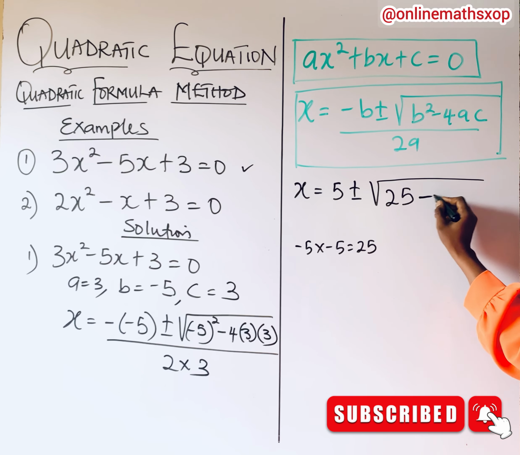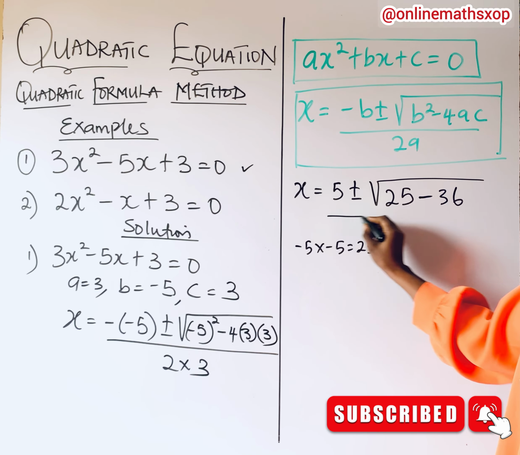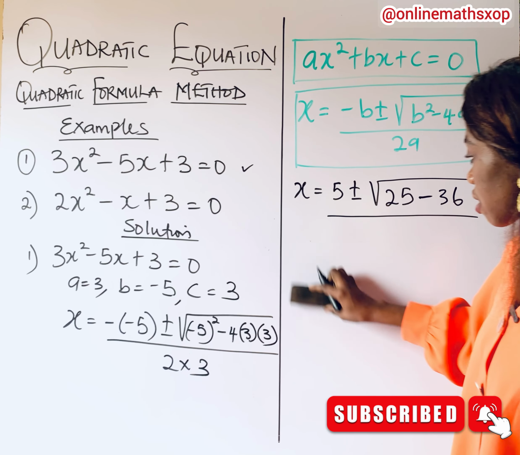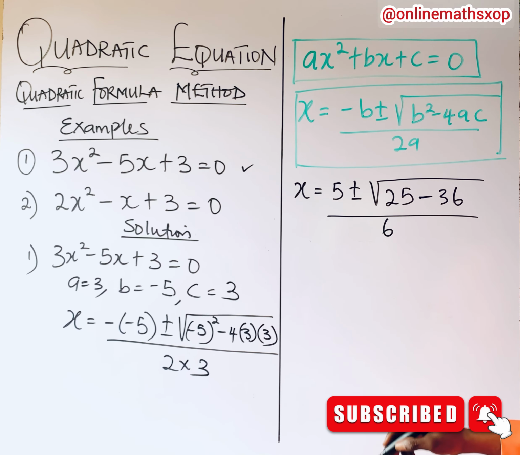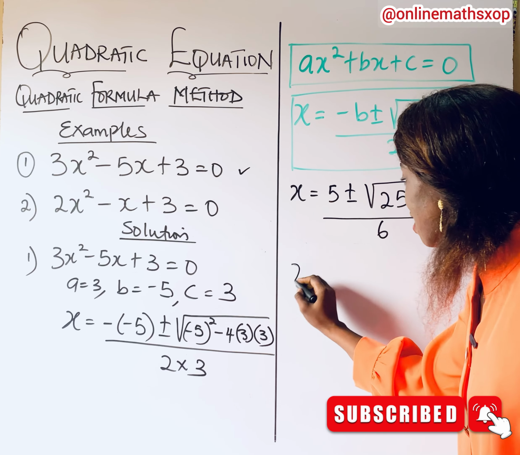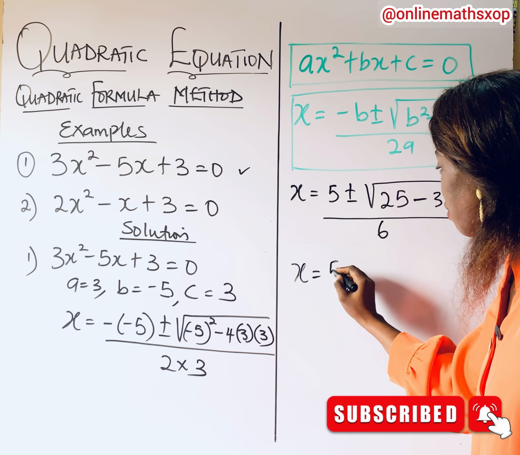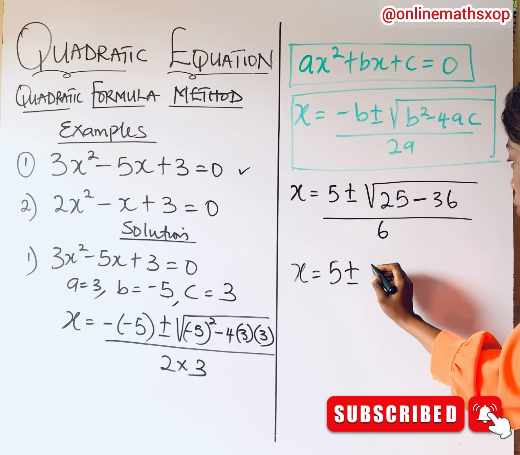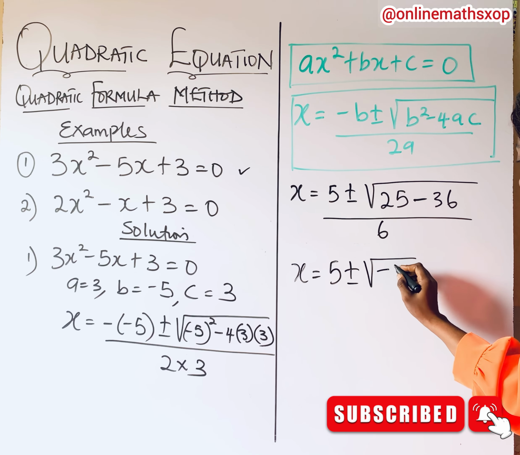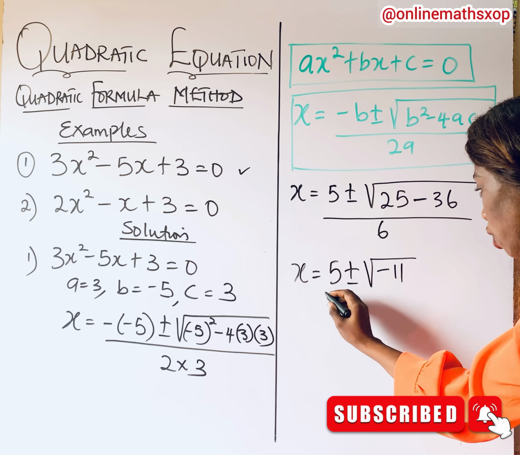So we have 25 minus 36 all over 2 times 3, which is 6. You see, it's becoming interesting. So we have x is equal to 5 plus or minus square root of negative 11 all over 6.